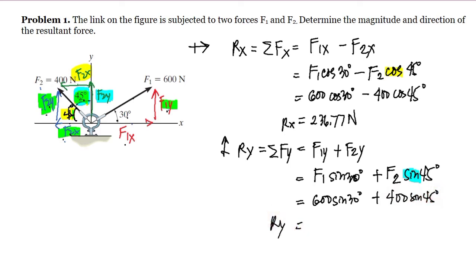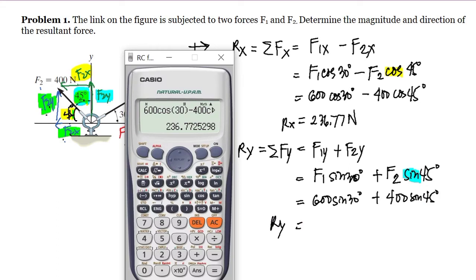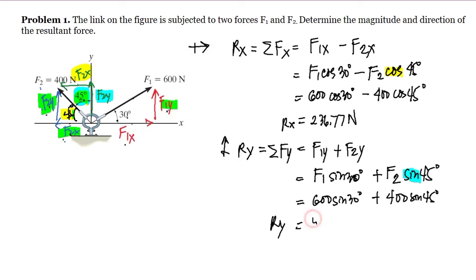Now, computing for Ry, we have 600 sine 30 plus 400 sine 45. This is equal to 582.84 Newton.